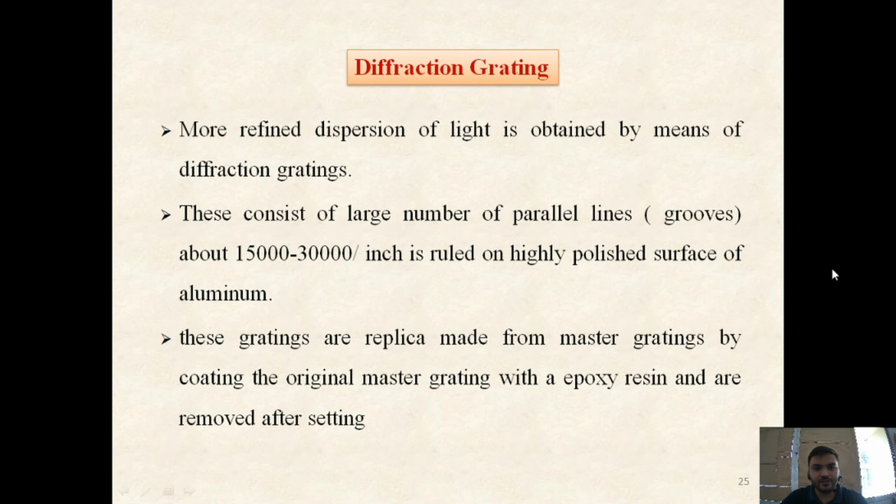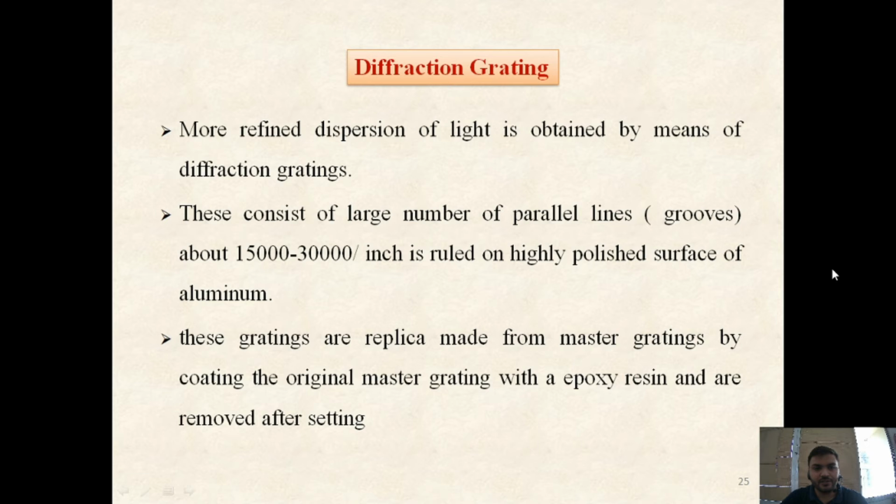Diffraction grating. A more refined dispersion of light is obtained by means of a diffraction grating. These consist of a large number of parallel lines, grooves about 15000 to 30000 per inch, ruled on a highly polished surface of aluminum.